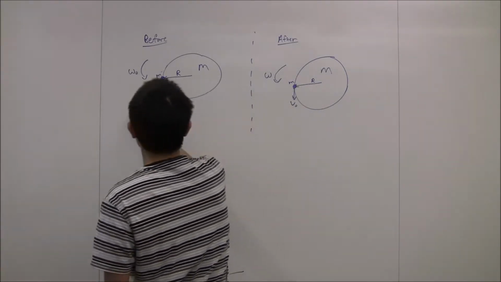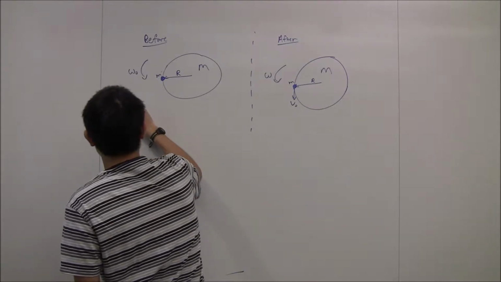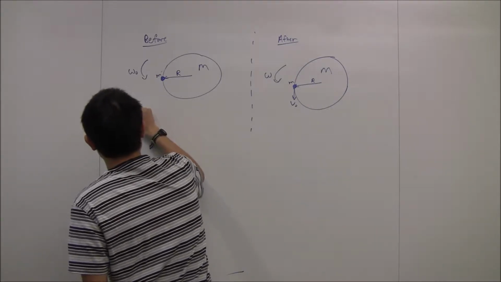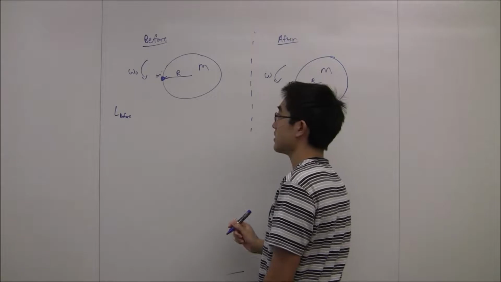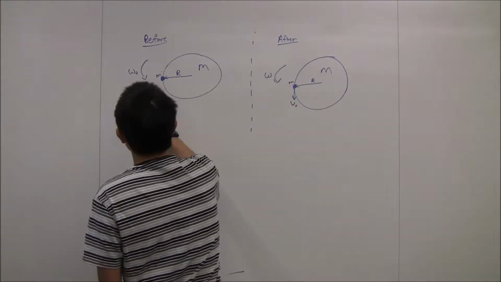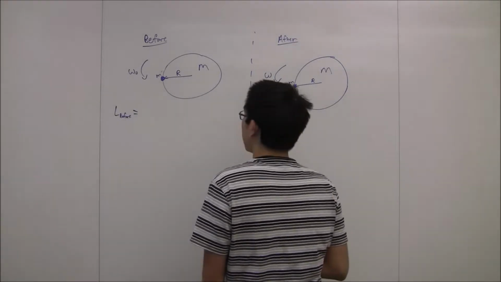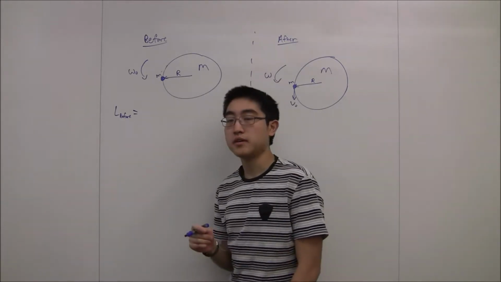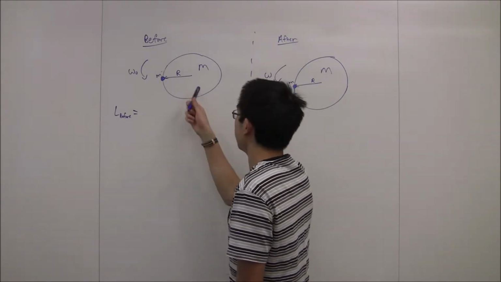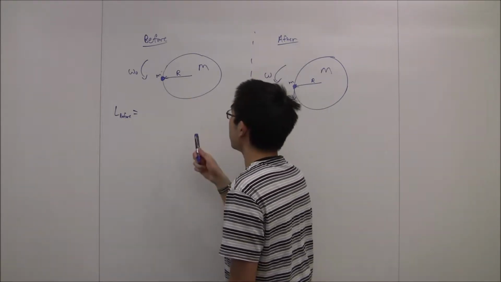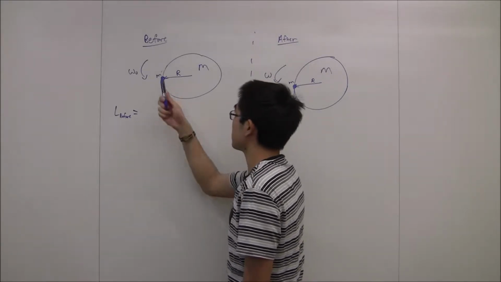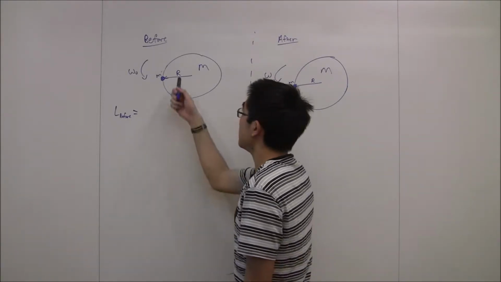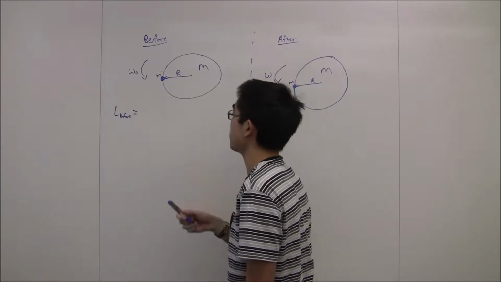So this is the angular momentum before the person starts walking, which we'll call L before. That's going to be given by the sum of the angular momentum of the disk, which is the merry-go-round, and the person, which we'll treat as a point mass of mass little m.